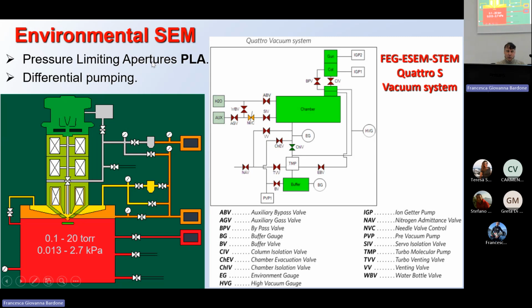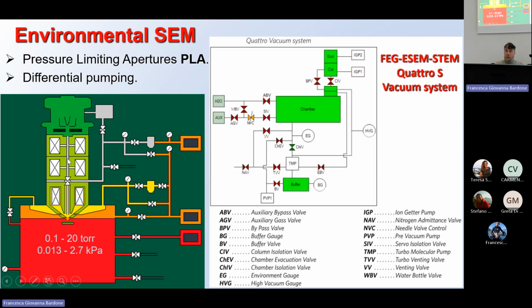You need all this stuff here, and all this is a different pumping system. Every chamber has its own pumping system, controlled and compared to each other to keep the difference very, very small, to avoid molecules moving. And in this way, you don't have any loss of electrons. The electrons can be produced here.